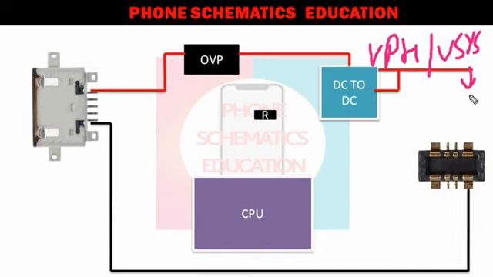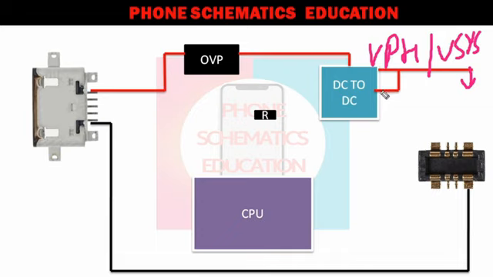Most of the sections need this voltage because this is our always voltage, I mean VPH. I've already described in detail in a previous video what this voltage is. So I'm not talking in this video about the VPH line or V system line, how this line works, how to trace this line. If you want, go and check out the previous videos.